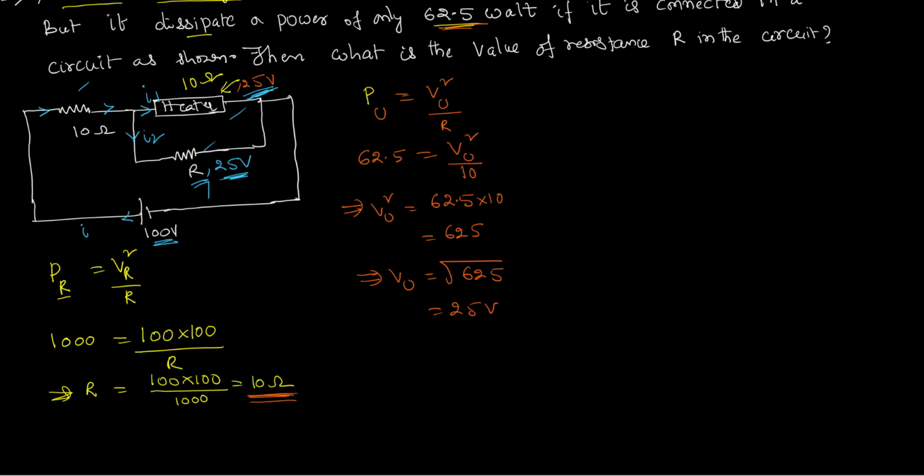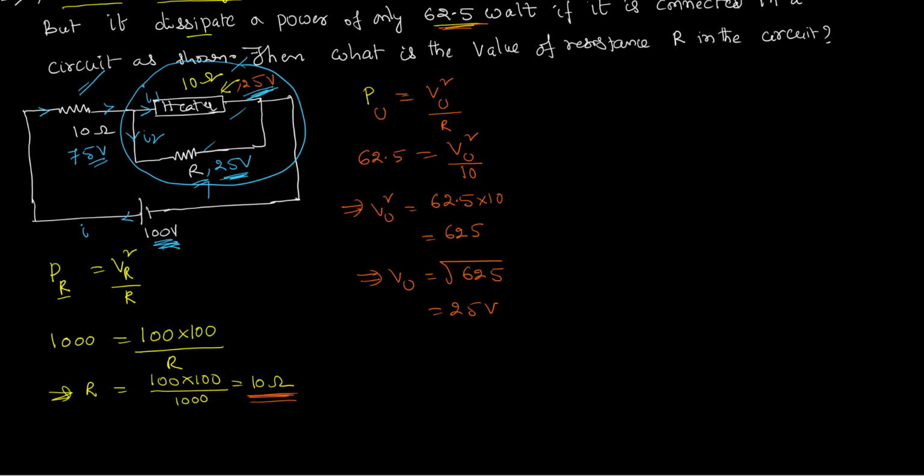So the entire voltage of this 100 volts splits across this and this. So across this combination there is a potential drop of 25 volts. Therefore across this 10 ohms there must be a potential drop of 75 volts. That together, this 75 and this 25 become 100 volts.